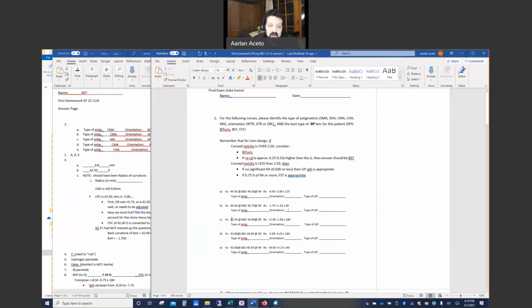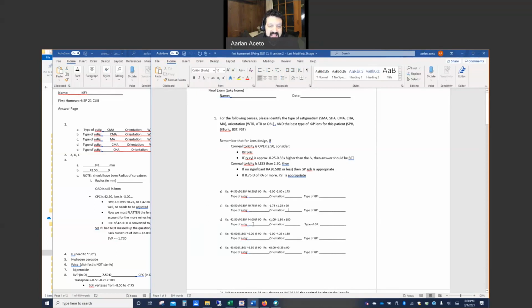In this case, 42.5, 44, it is flatter at 180, steeper at 90, minus cyl, axis 180. This is a with the rule again, but the difference is it's a plus 1 at 180, 90 degrees, it's a minus a half. I have a plus 1 meridian, a minus in the other.